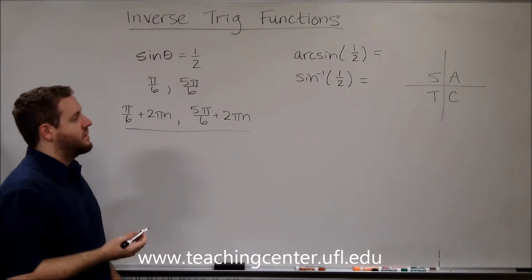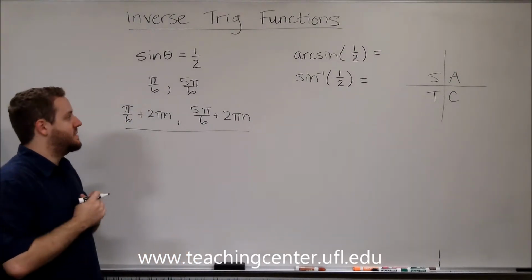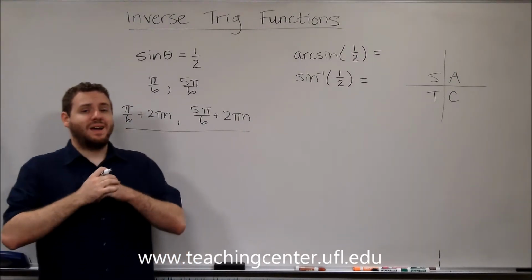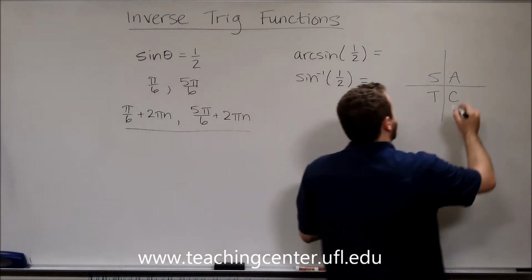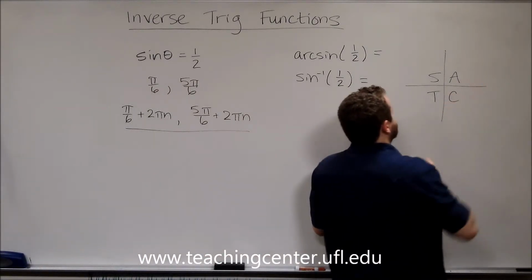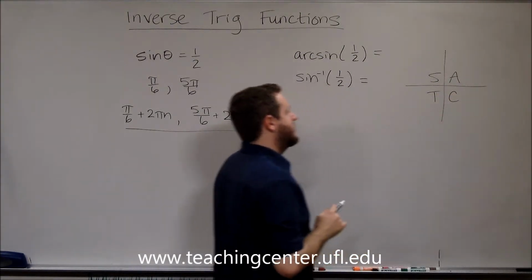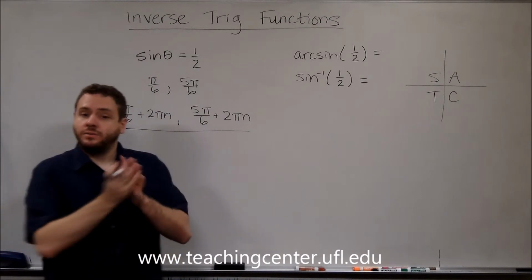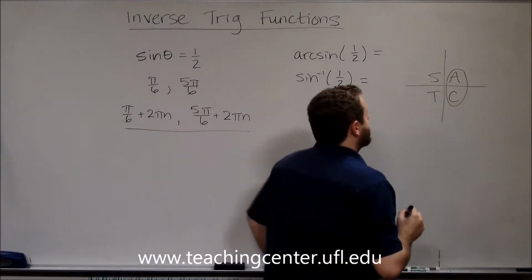So we're only allowed to choose one quadrant where sine is positive and one quadrant where sine is negative, and that way we'll always have one answer and only one answer. The only ones where sine is positive are these two. The only ones where sine is negative are these two. So in order to have two that are touching, to make this nicer, we're going to choose these two.